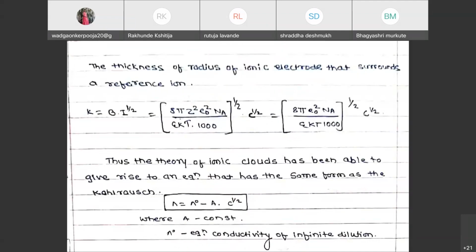So whatever the equation we have on this, after this equation we can explain the thickness of our radius. We can explain the thickness of the radius of whom? Of the ionic electrolytes. So whatever these ionic electrolytes are, they can be surrounded by a reference ion.